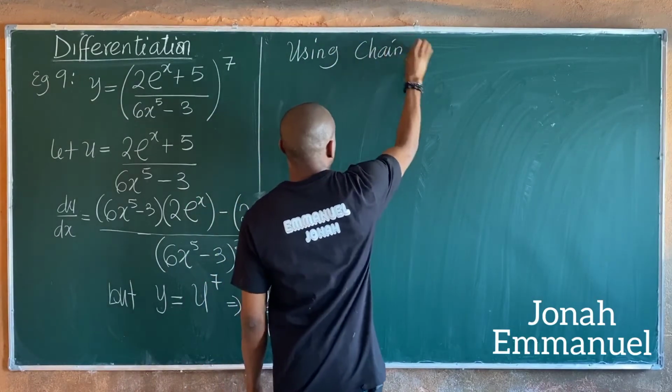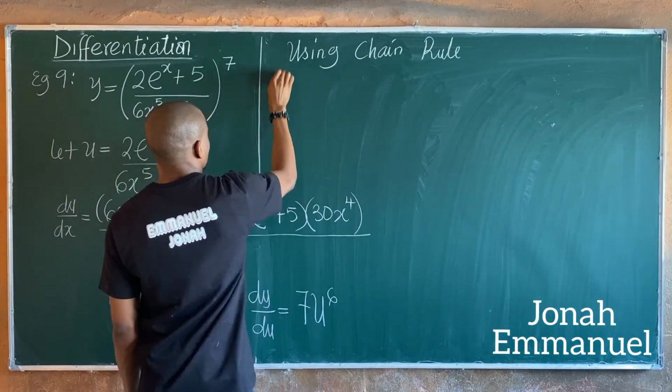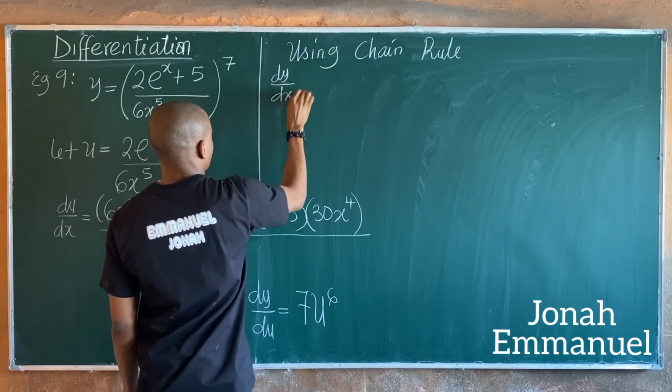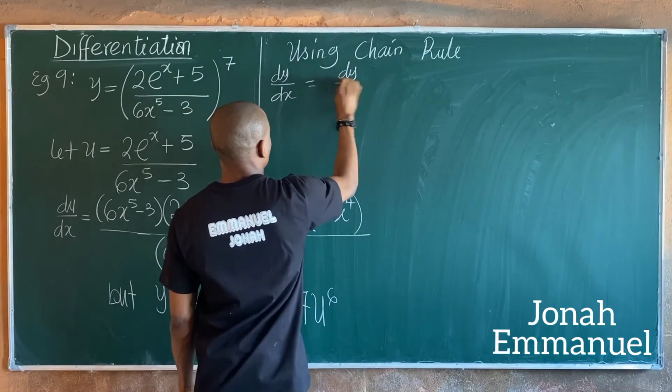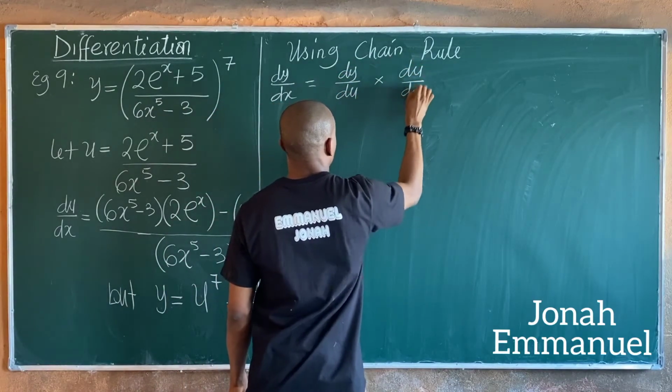using the chain rule, what do I have? I have that dy all over dx is equal to dy all over du times du all over dx.